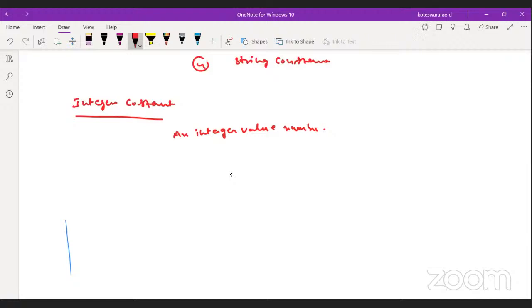These are again of three types of integers, namely decimal, octal, and hexadecimal.